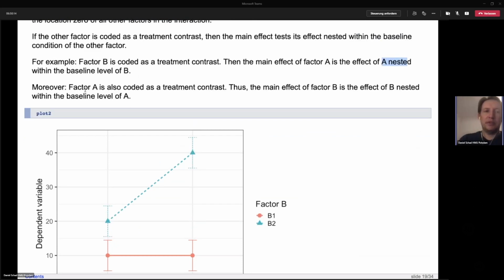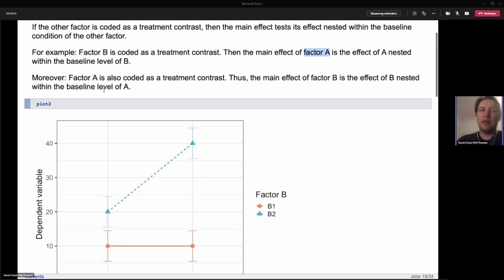This is important. So that's a bit strange, right? What factor A tests depends on how B is coded. In fact, the effect of factor A is in the condition where B has a 0, and B has a 0 in the baseline condition, and therefore it's the nested effect. The effect of A is actually a nested effect within the baseline of B. Then we can do it the other way around.